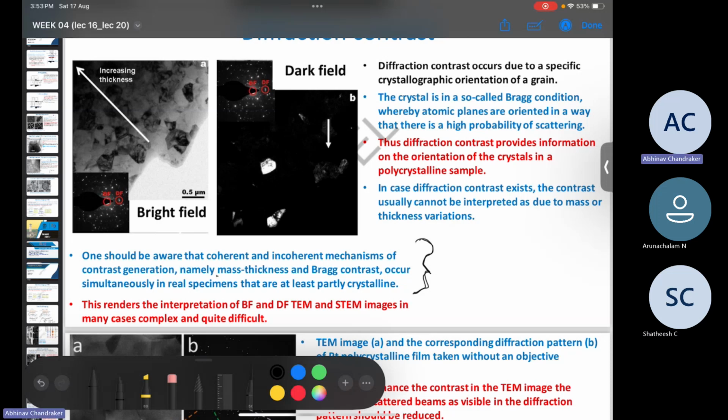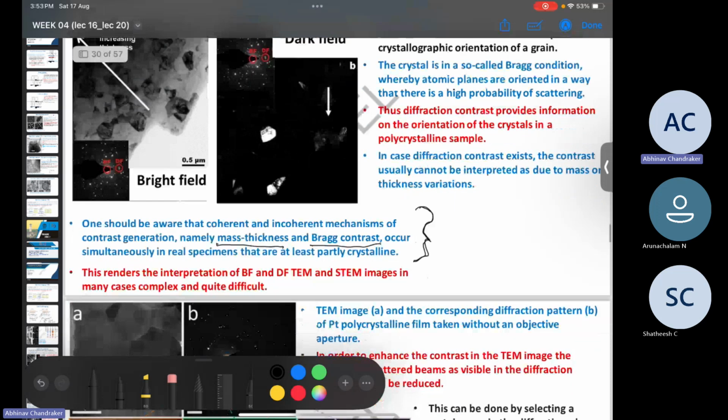So we can have mass contrast as well as Bragg contrast or diffraction contrast happening simultaneously in case of crystalline specimens.